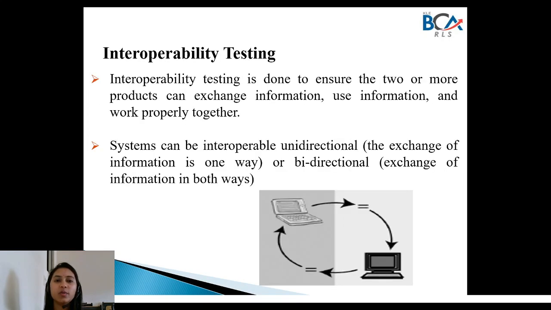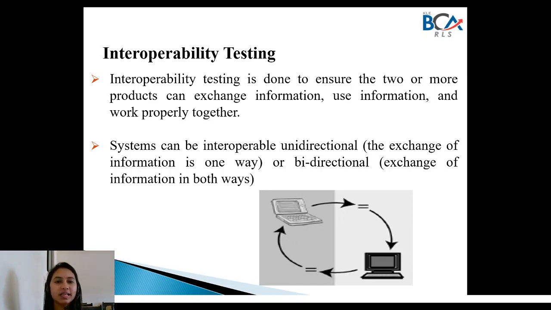Next one is interoperability testing. It is done to ensure whether two or more products can exchange information, use that information, and work properly together. For example, your application interacts with the server and with other components like your printer and other connected external resources.